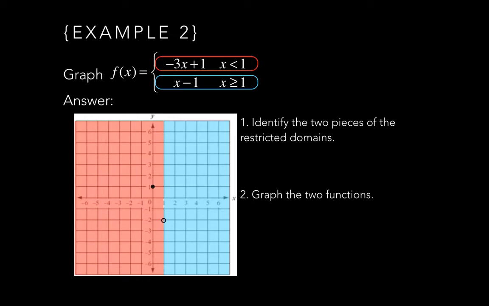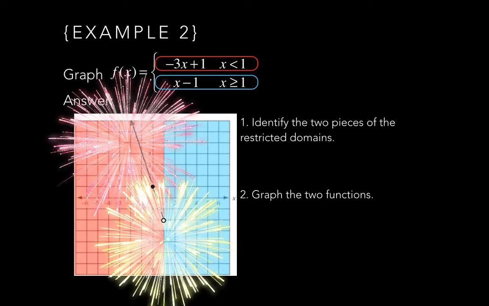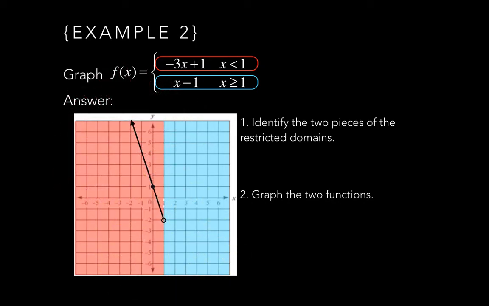But for my red function, I am not to include x values that are equal to 1, so I just leave it as an open circle. And then I'm able to create my line graph. Now notice it is only in the red section because that equation is only to be graphed where x is less than 1. And we can see that that has been done.